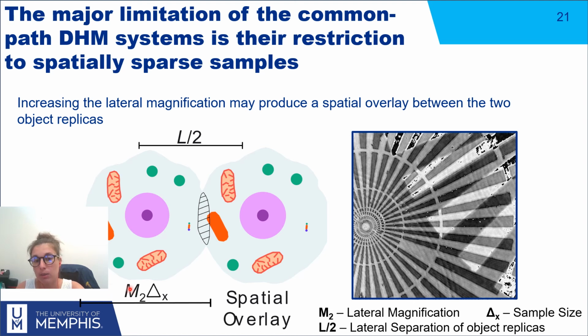So you increase the magnification because you want a higher numerical aperture objective lens, but that might mean that you're going to have two replicas of your object that might overlay. For the particular case of the Fresnel biprism, you see that in this replica right here the background is kind of white, so that means that between the two replicas there is a phase shift. One of the replicas has pi and the other one has minus pi, so there is a phase difference of 2 pi between them.